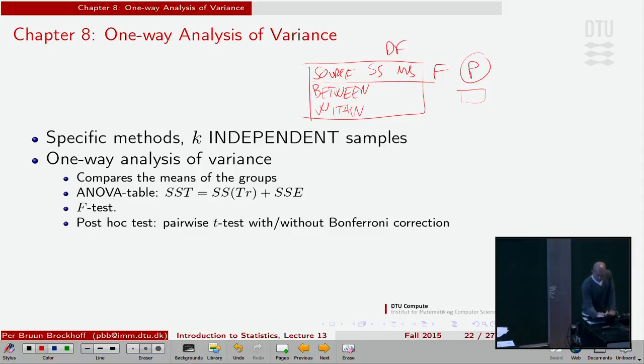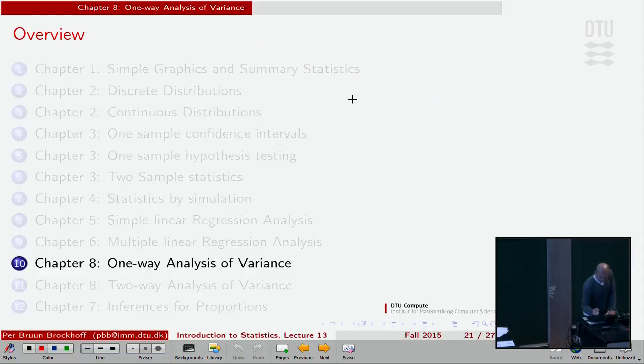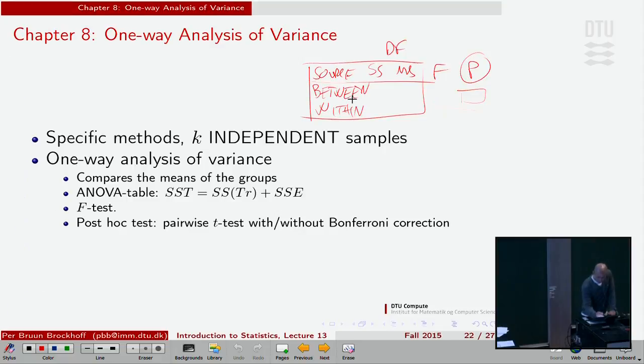We get a p-value that links the between variability, that measures whether the groups are more different than you would expect by chance. That's what this p-value expresses to us. So it's the hypothesis test that the groups are the same.